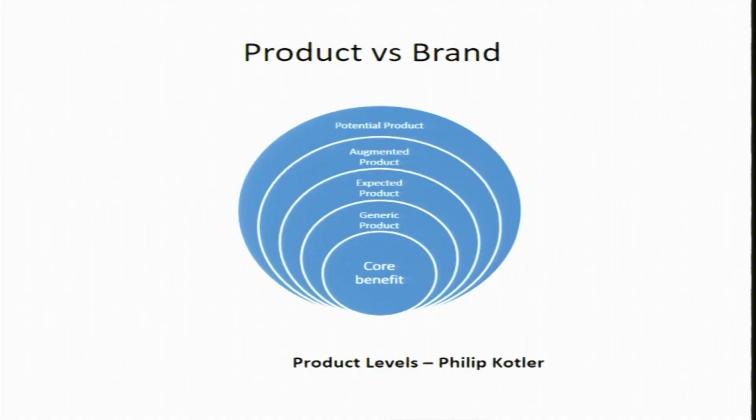Now, we will do a little rigorous analysis of this concept called product levels by Philip Kotler. As you can see, core benefit, generic product, expected product, augmented product and potential product. What it does not keep in mind is that technology is playing a very important role in our lives today, and this model creates a fixed idea of product.